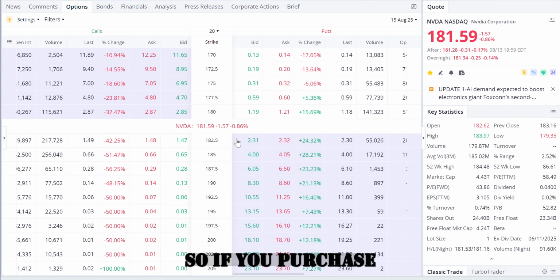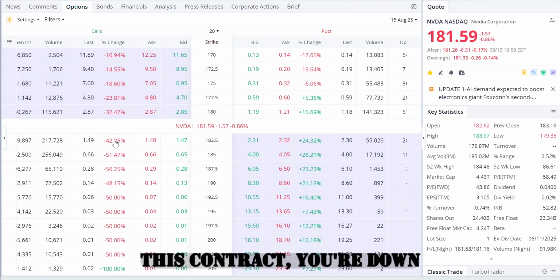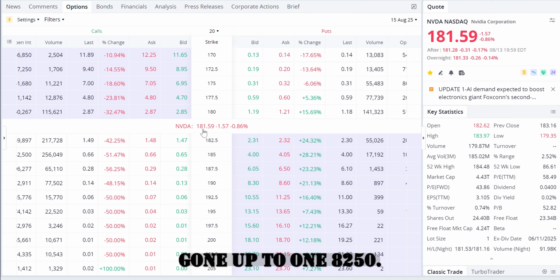If you purchased this contract, you are up roughly 25%, plus 25%. If you were in this call contract, you're down because you're saying it's going to go up to 182.50, but the price hasn't gone up to 182.50. It's actually at 181. So you're down, right? So that's what that percent change column means.